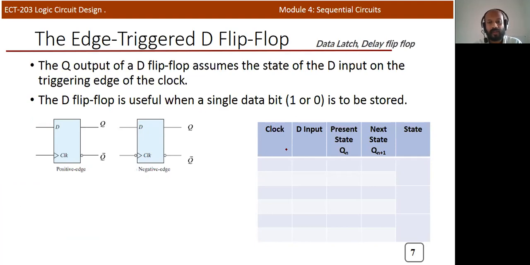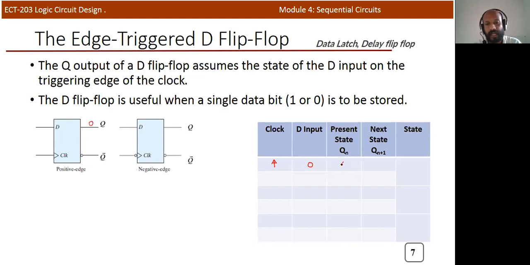So assume that this particular flip-flop operates on the positive edge clock. I can indicate this positive edge clock with an up arrow, and assume that the D input is 0. Okay, D input is 0, and assume that initially the Q value is 0.